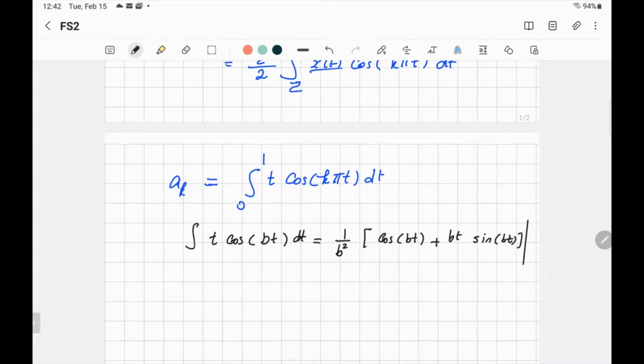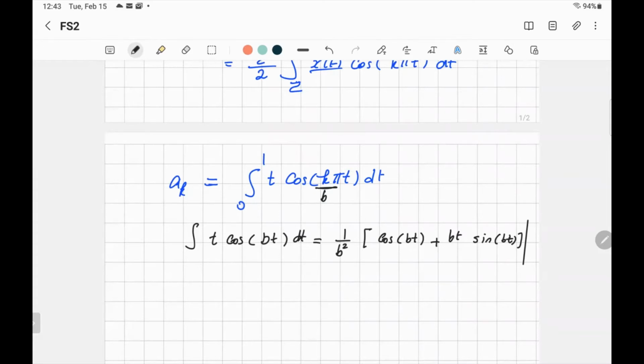Well, now you can call this b. There are two formulas, one for integrating t cosine and one for t sine.